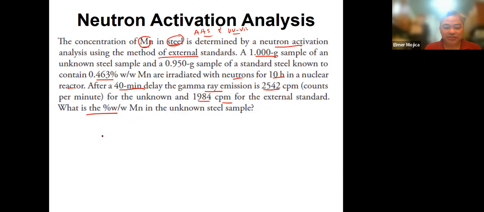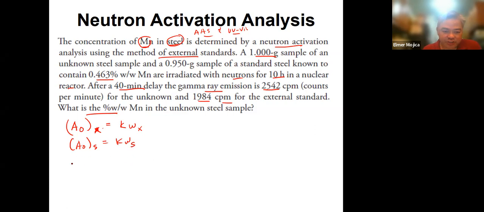So the formula you can use here, usually initially you have the activity, with the given K. We could say that's the sample, K, WX, and then A of S, the standard, K, WS.